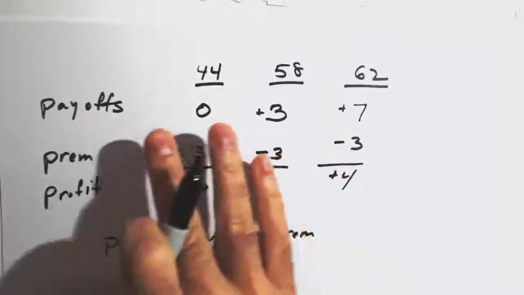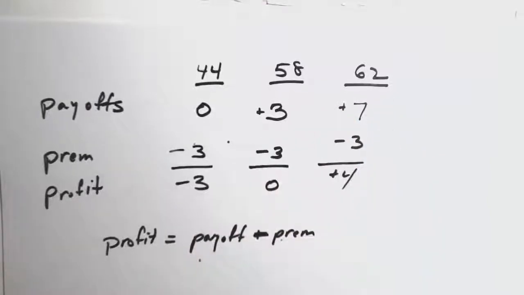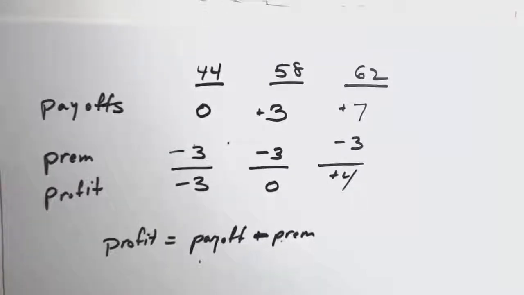Everything's here on a per share basis, and now is a good time to tell you that when we do this analysis, most of the time the information is given to you on a per share basis. And if it's not, it's usually quick and easy to determine it on a per share basis. If you do all of your analysis per share, and the problem tells you it's one contract or 10 contracts, you multiply it out at the end.